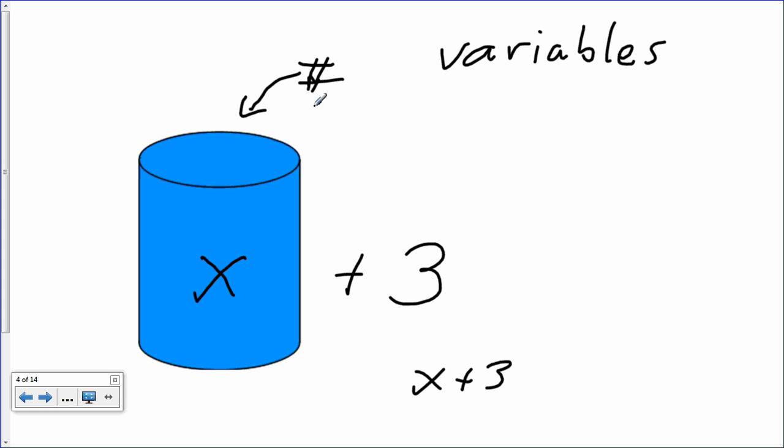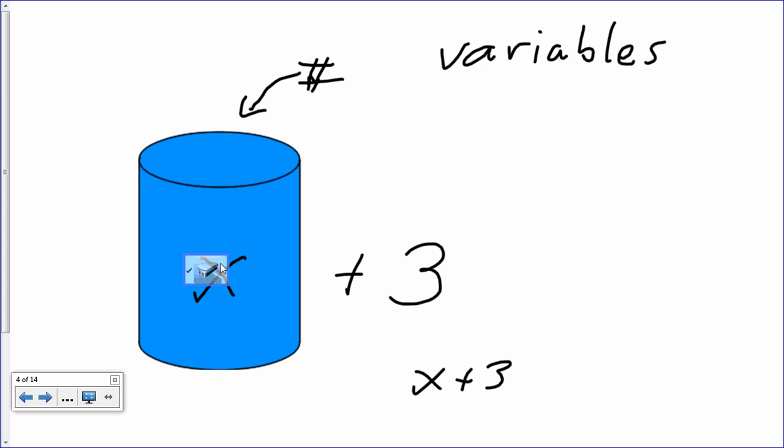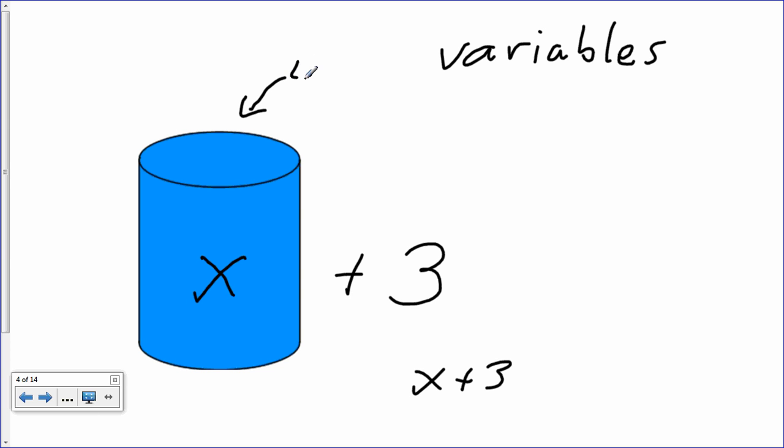So we could throw in the number 4, and then x plus 3. If 4 is the number that the x bucket is holding, then x plus 3 would equal 7.